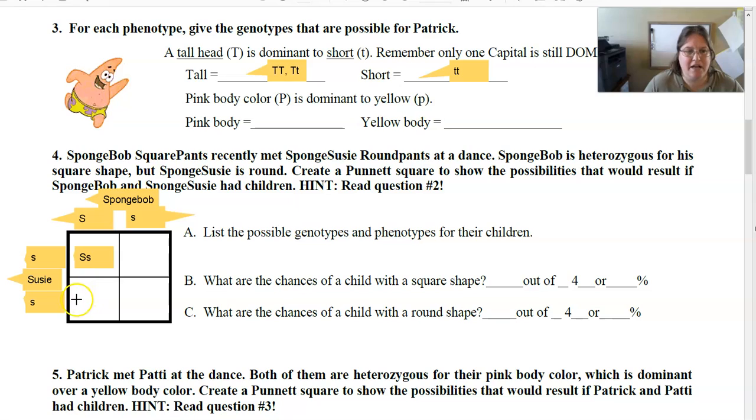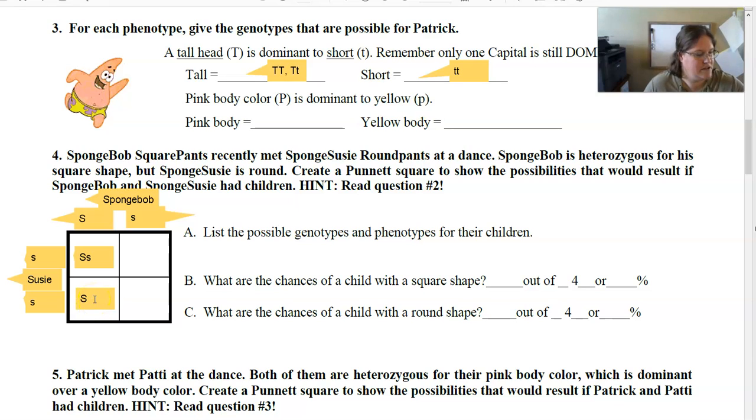Go down to the next one. You'd have a capital S and a little s. Remember, you're taking one from the father and one from the mother to get this offspring.